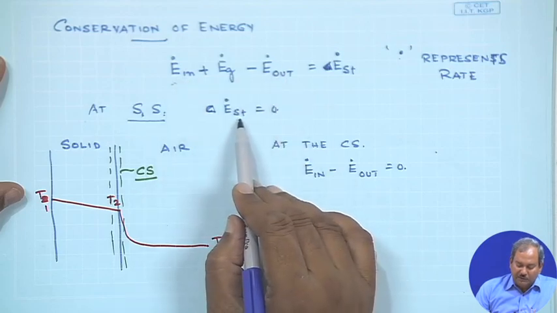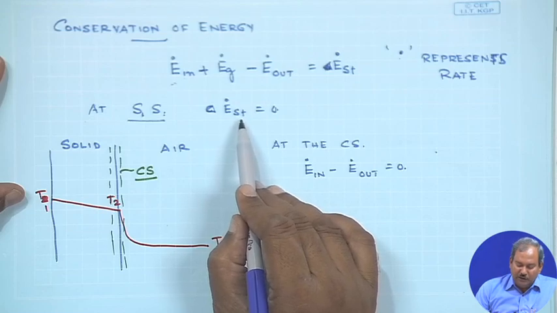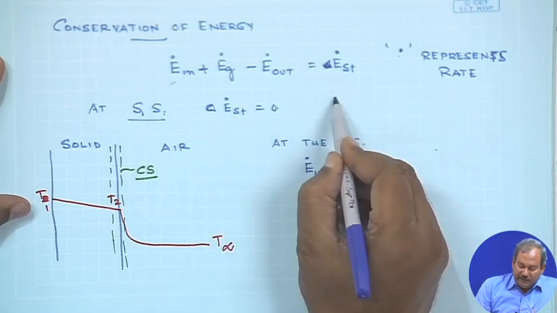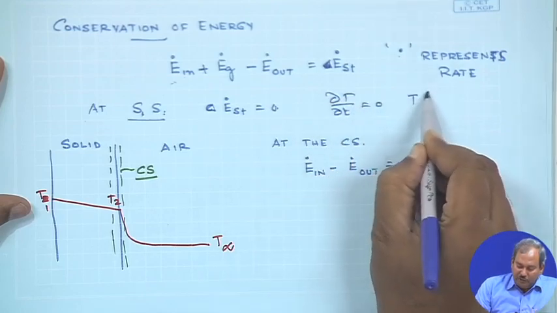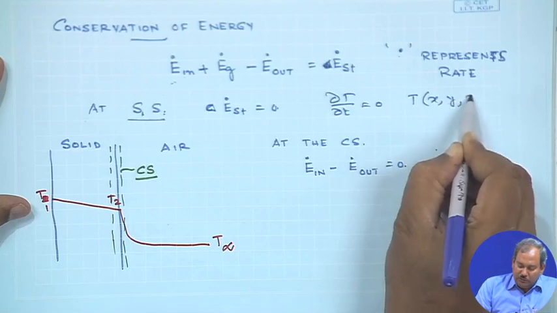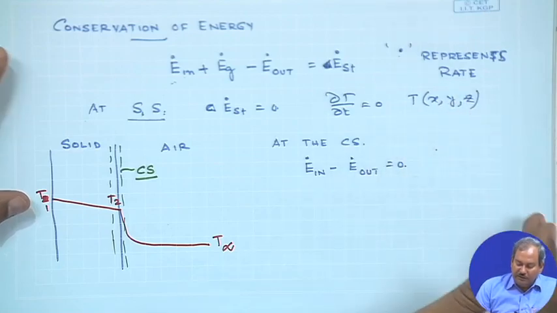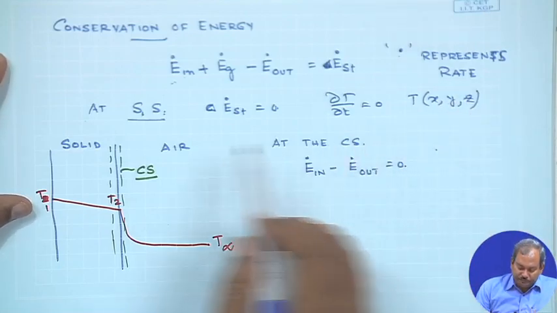The temperature could be a function of space coordinates, that is, different at different points in the control volume, but del T by del time would be equal to 0. However, T could be a function of the three space coordinates.